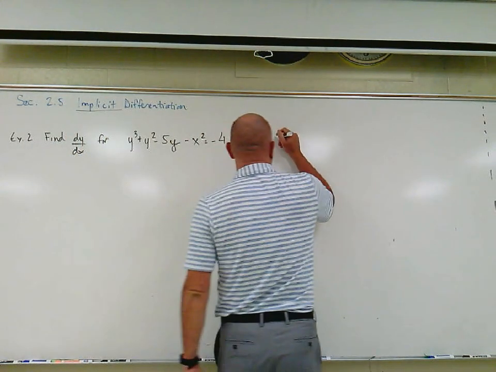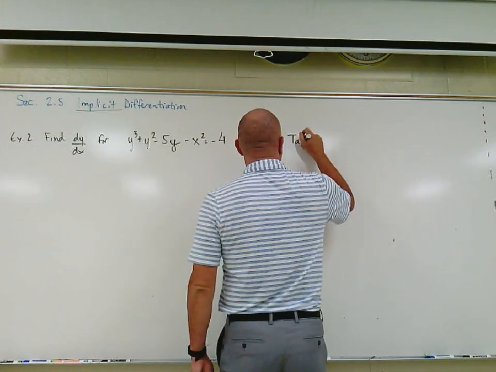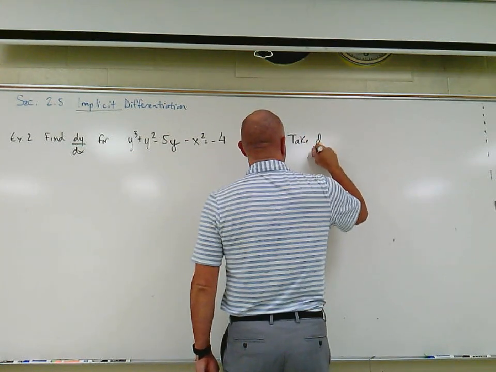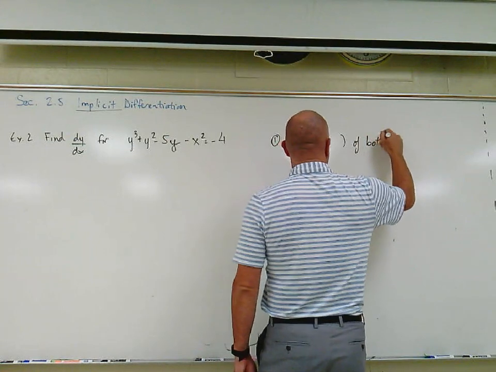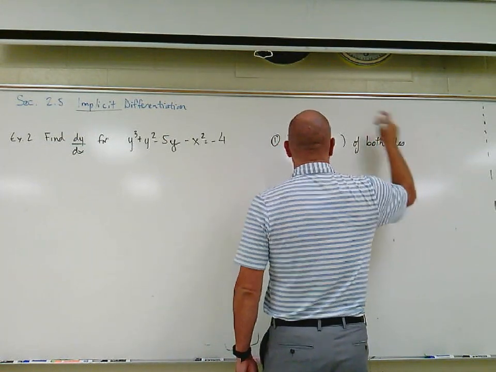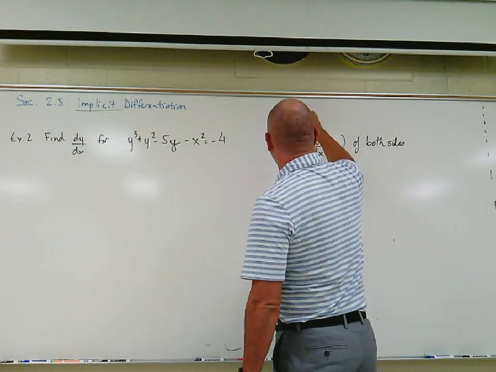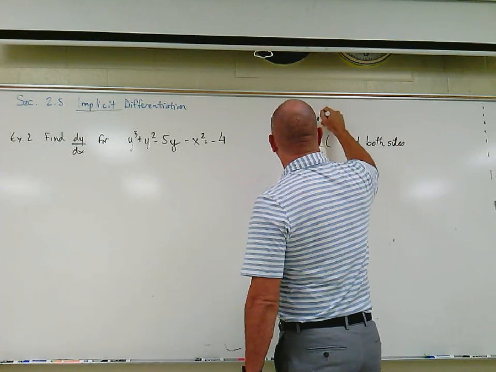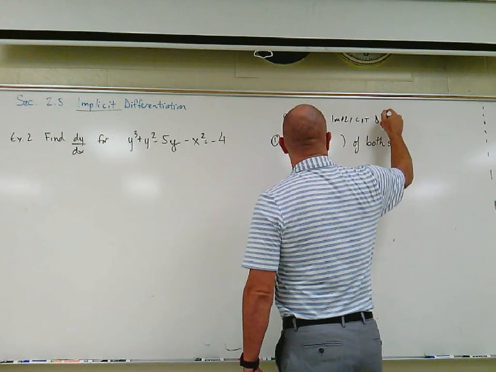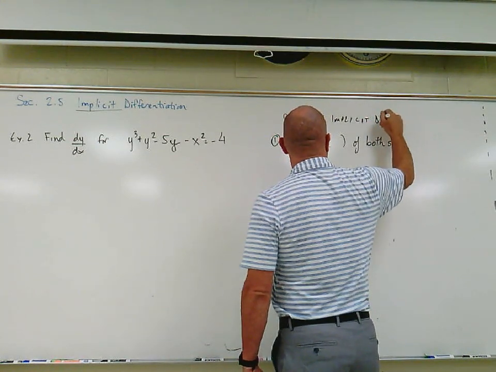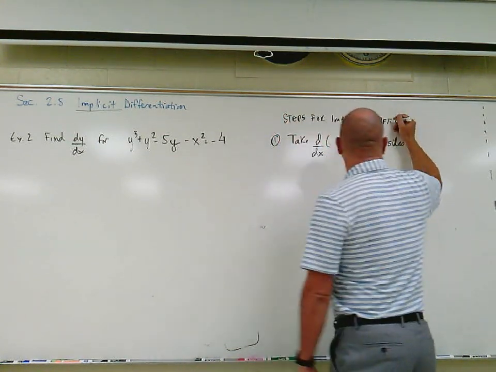So we're going to find dy over dx. So let me go through our steps. So first step is take the derivative with respect to x of both sides. So that's my first step that I'm going to do. So as we work this problem, I'll give you my steps for implicit differentiation, okay? All right, so that's the first step I'll do.